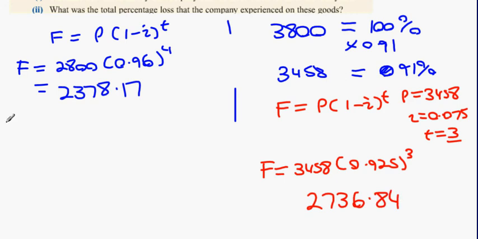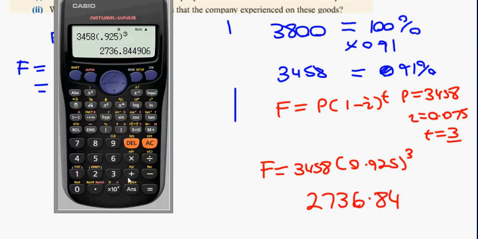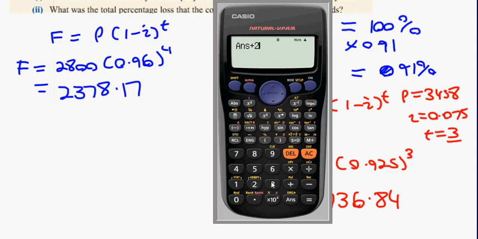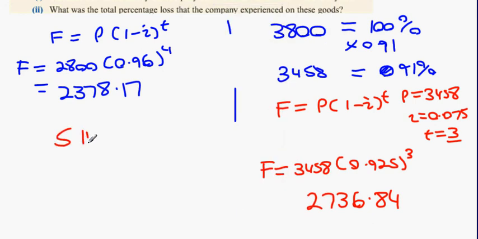Now we've got to add that plus 2,378.17, and when we add them together we're going to get 5,115.01.